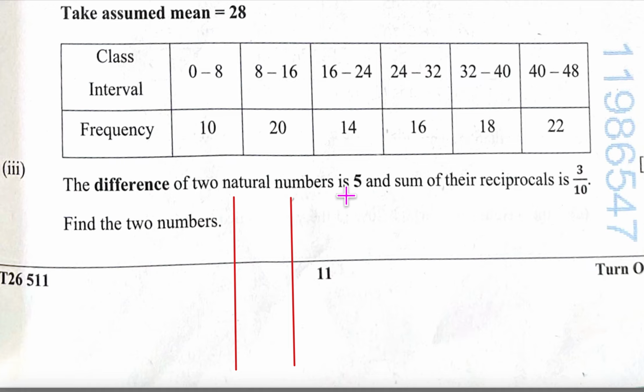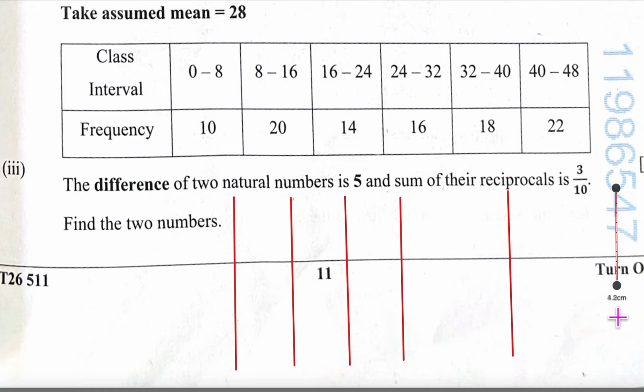Then I'll have to write the frequency, then the class mark, then find the T, and then make the FT. So these are my columns: class interval, frequency, X means class mark, and then T is equal to X minus A, the whole thing upon I, and F into T. I will just copy this fast.